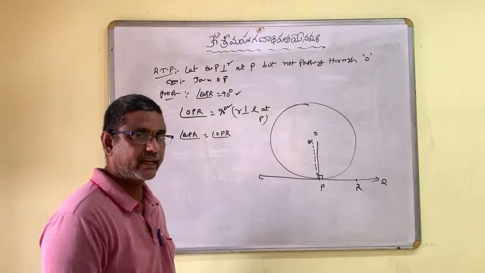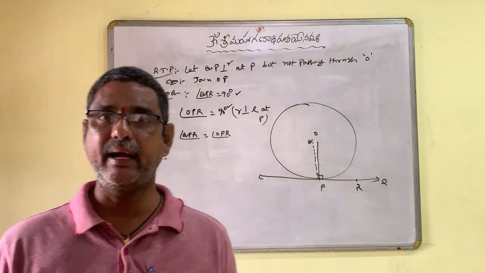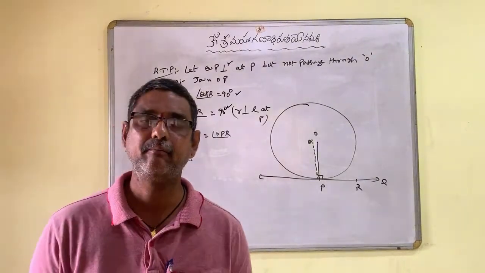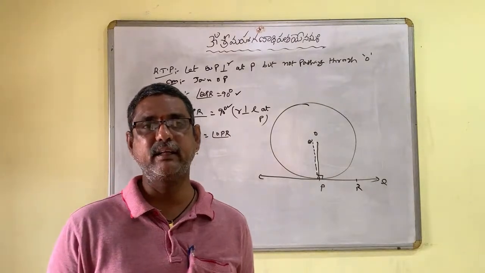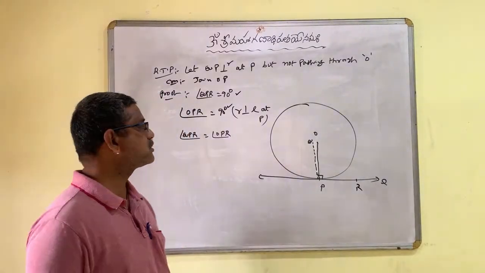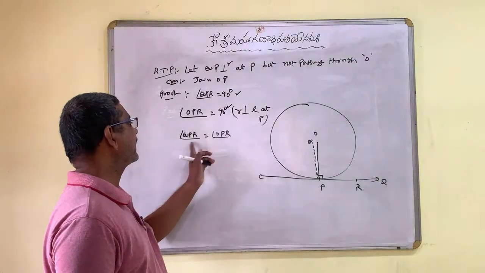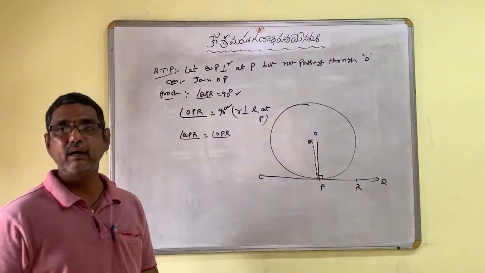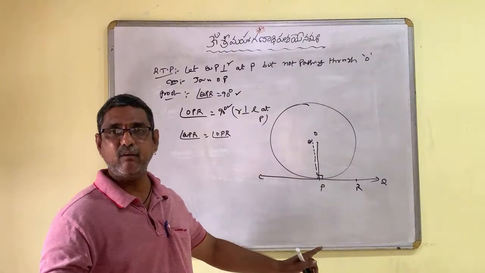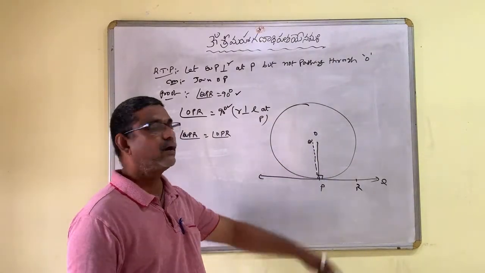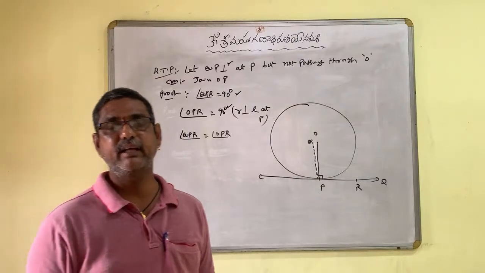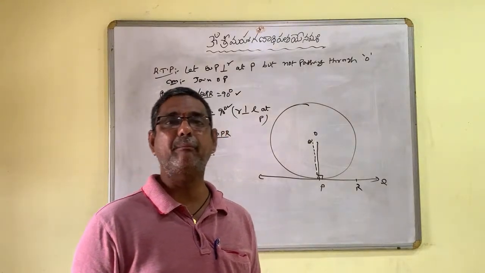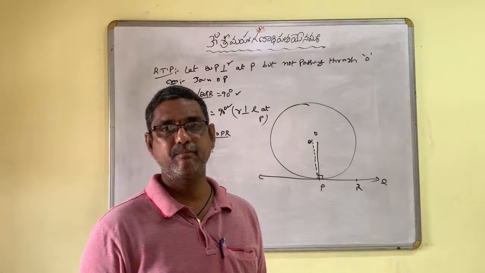Okay children, once again, angle QPR is 90 according to the construction, angle OPR is also 90, as the radius is perpendicular to the tangent at the point of contact. From these two statements, both the angles are equal. This is possible only when both QP and OP coincide with each other, because we cannot draw two different perpendiculars at the same point.